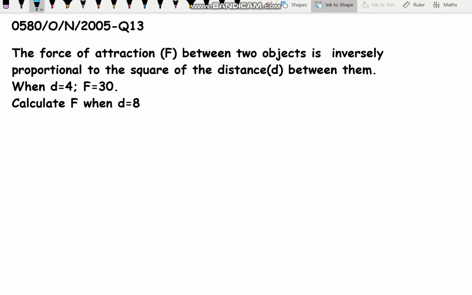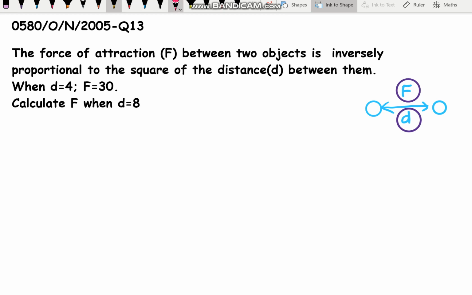So what I understand is there are two objects. Suppose these are my two objects and they are at a distance of d and there's a force of attraction between them. So the sum is about the force of attraction and this distance between them.